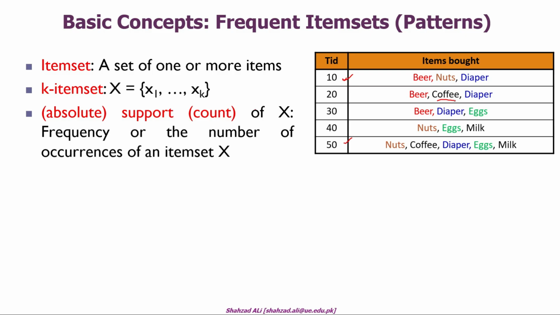We have to calculate the number of occurrences of coffee in these transactions. Coffee occurs in the second transaction and in the fifth transaction, so the support count for coffee is 2. Similarly, diaper occurs in the first, 20th, 30th and 50th transactions. So it occurs 4 times, and the support count for diaper is 4.